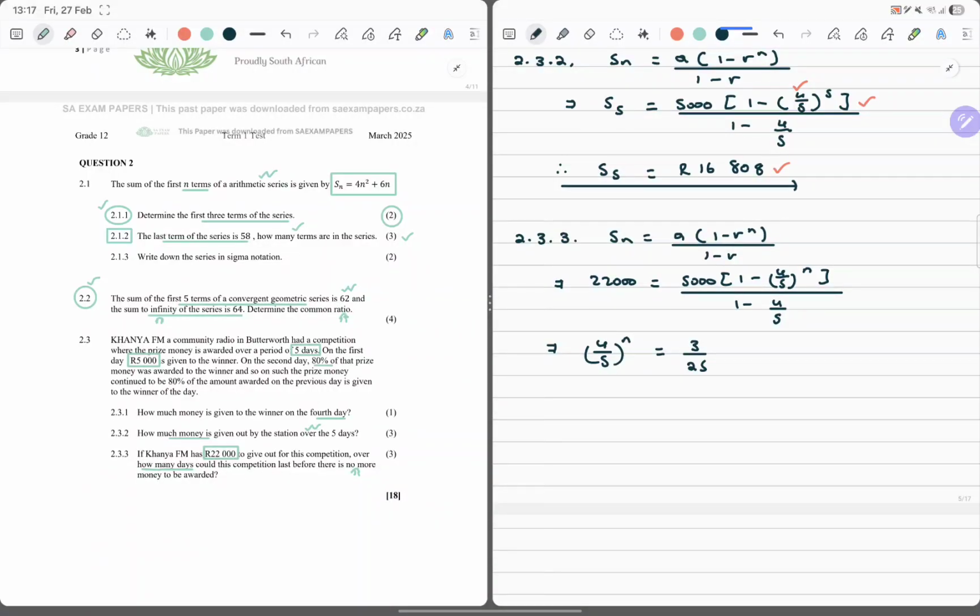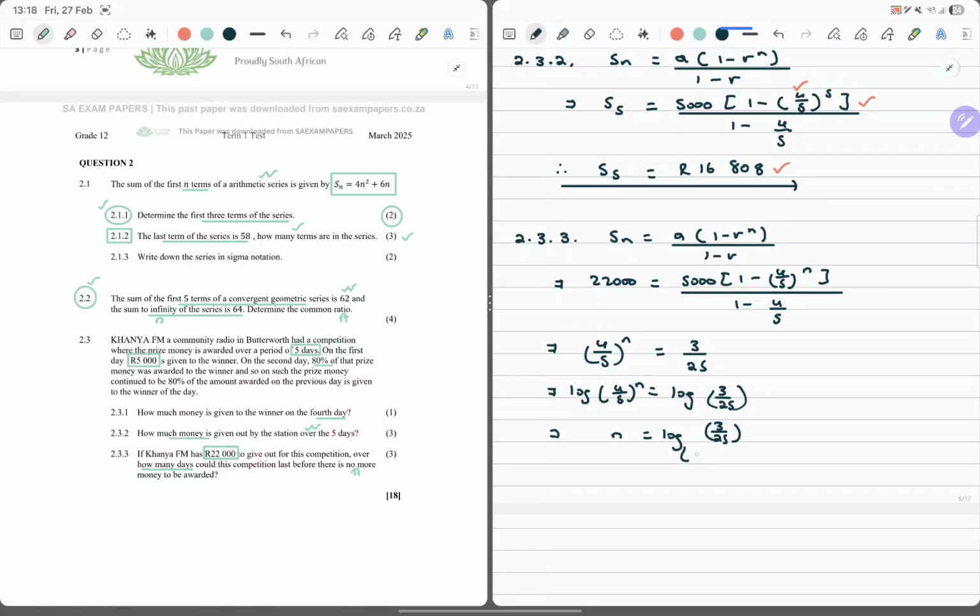25. Now we cannot express this exponentially, so we need to introduce logs. So we know that the log of 4 over 5 to the n should be equal to the log of 3 over 25. Now using log rules, n is going to be the log of the number 3 over 25.